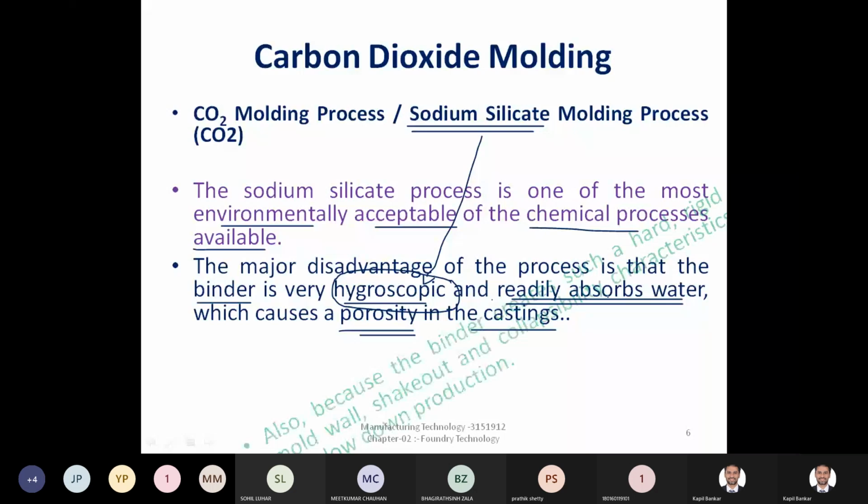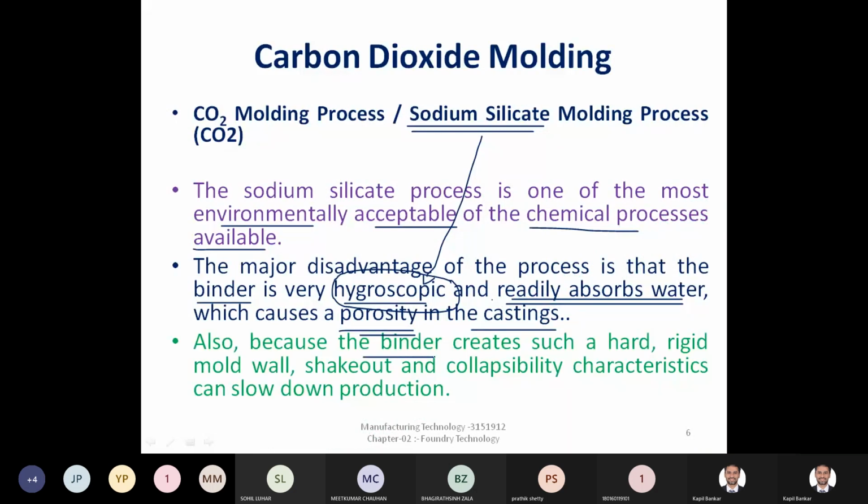Also, one more disadvantage is that the binder creates such a hard, rigid mold wall. Once you apply the CO2 gas in the mold, it becomes a very hard and rigid mold wall.